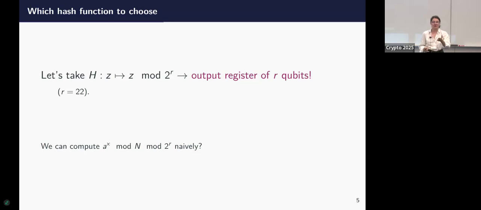The problem here is that if you compute a to the x modulo big N and then modulo 2 to the r naively on your quantum computer, at some point you will have to compute a to the x modulo big N, and you will have to store that on your quantum computer, which will still take an amount of qubits that will be linear in small n, which is exactly what we want to avoid. So now the difficulty is how do we obtain the result we are interested in without using that many qubits?